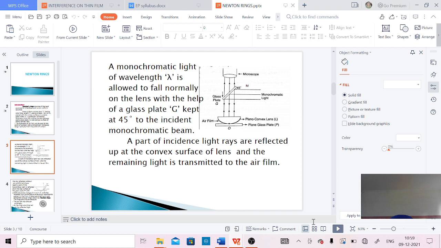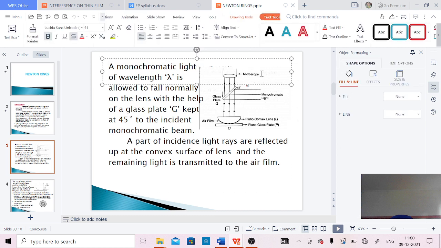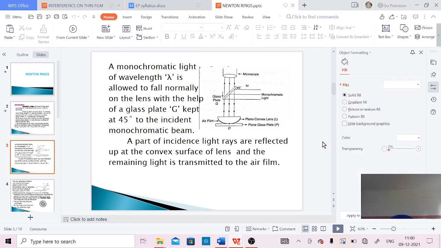So a part of the incident light rays is reflected at the convex surface of the lens, and the remaining light is transmitted to the air film.